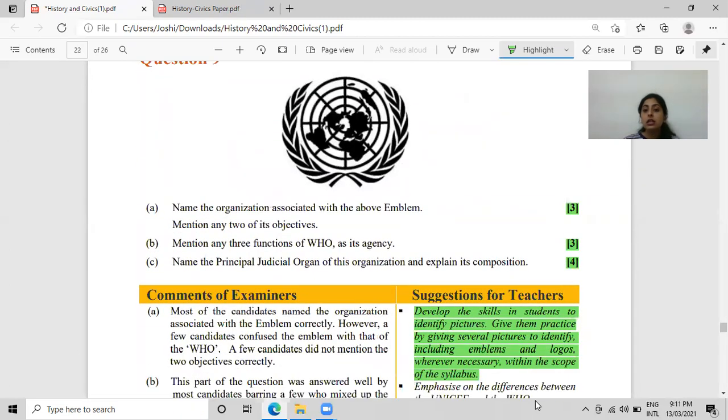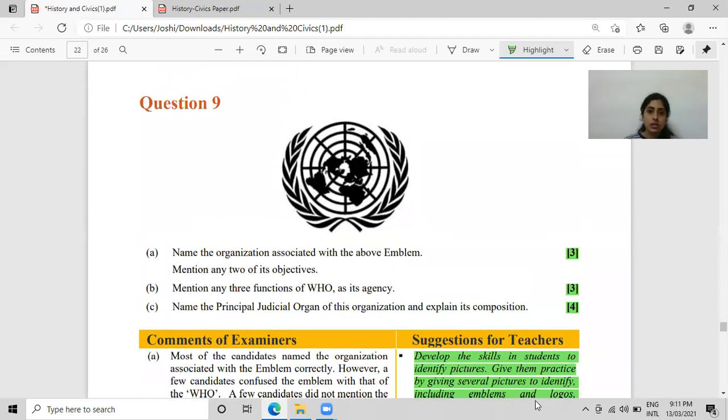That is, this is all about a picture study. We are not going to discuss this question in detail, but I have mentioned this question number 9 because it is important to know the details of a picture study. Out of the 10 sets of questions, you have to attempt any 3.